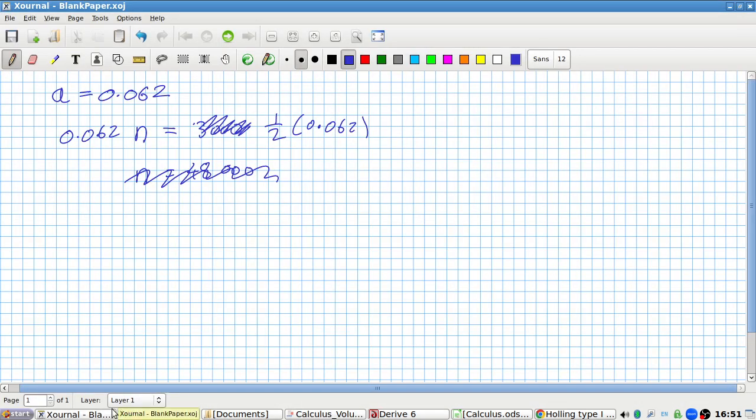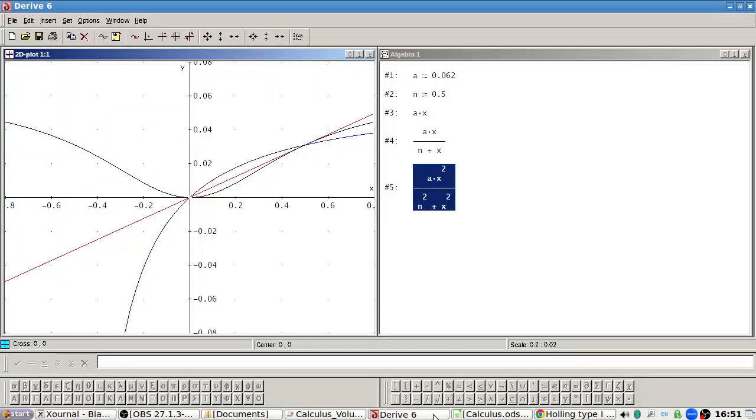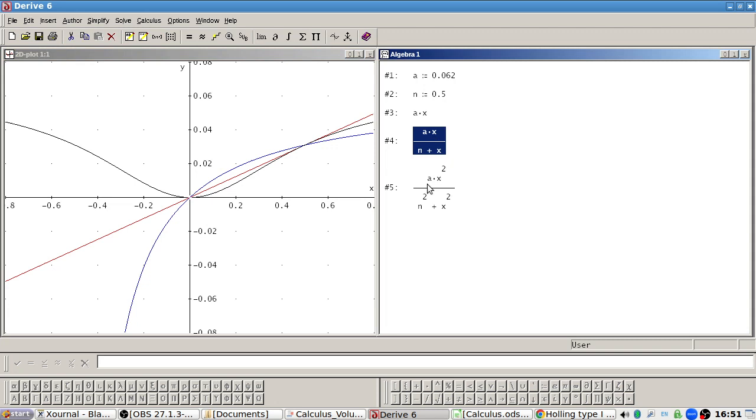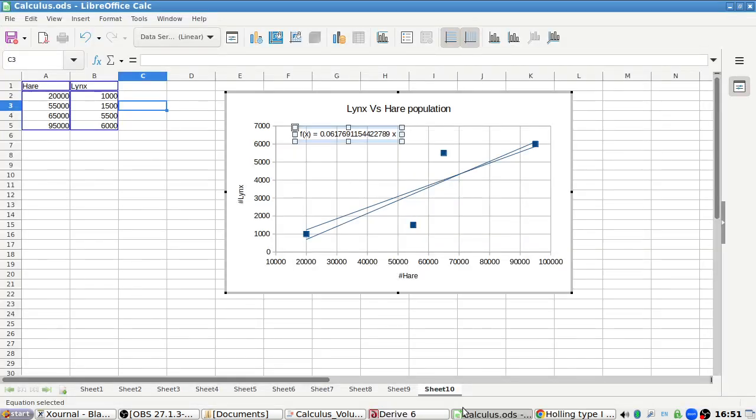I mean, I tried to find an A, tried to find an N, and if I look at the graphs, yeah, the best one is still the last one, but I've only had 4 points as well.